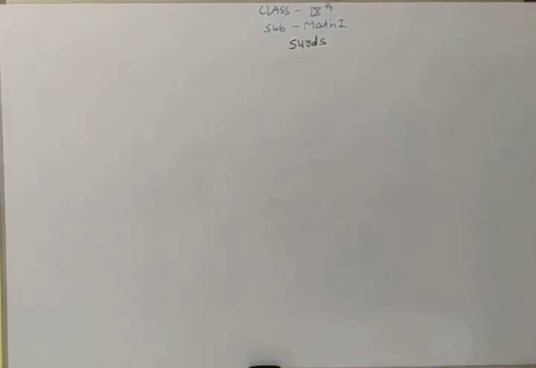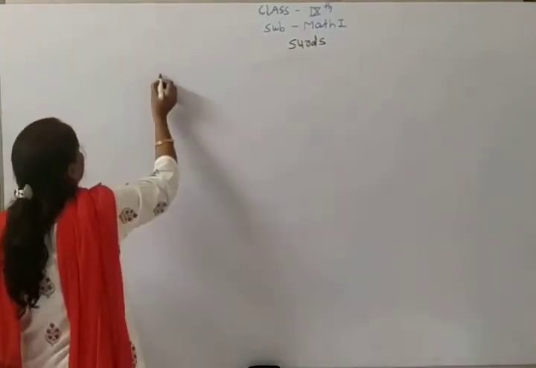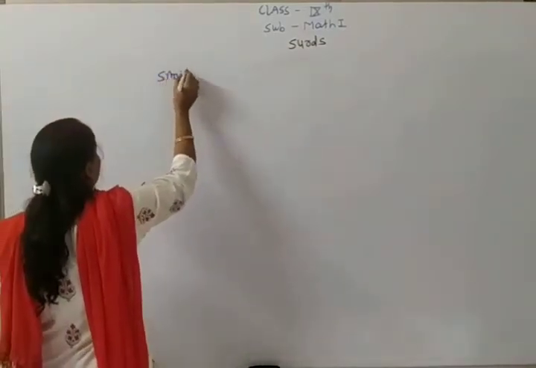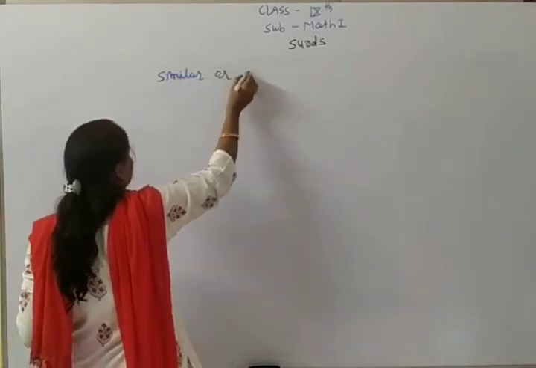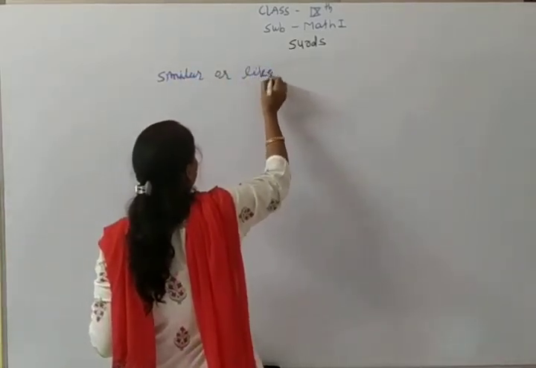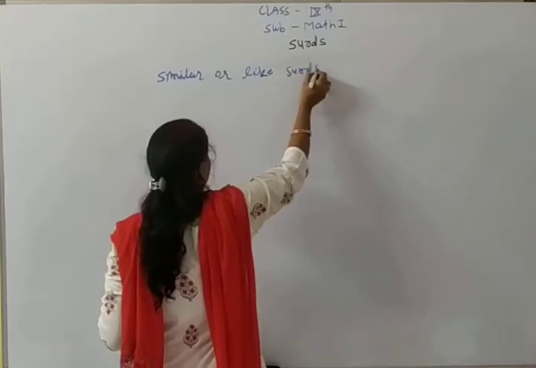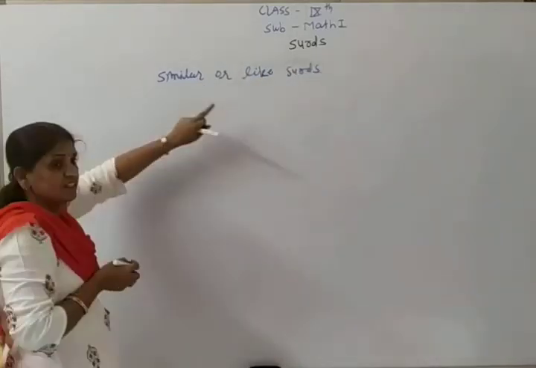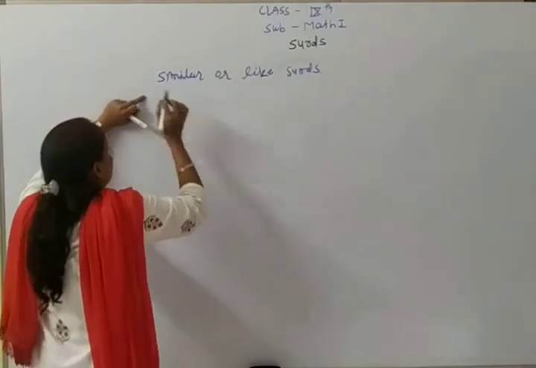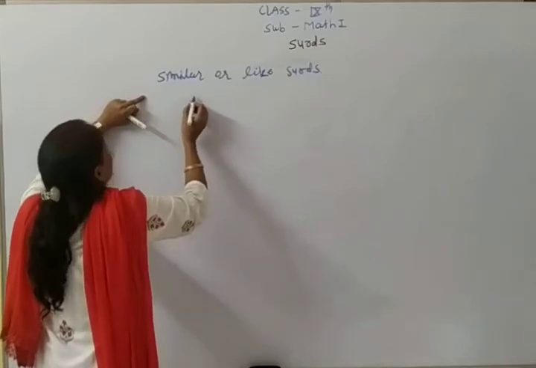Similar or like surds. Two surds are said to be like surds if their order is equal and radicands are equal. So those surds are called similar surds or like surds. By using the definition, their order is the same as well as the radicand.